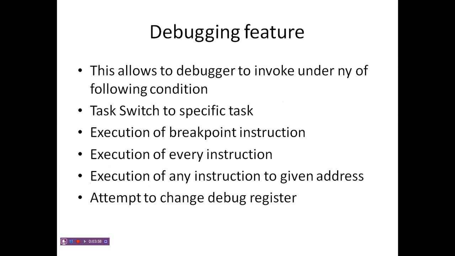The debugger can be invoked under any of the following conditions: first, task switch to a specific task; second, execution of the breakpoint instruction; third, execution of every instruction; fourth, execution of any instruction at a given address; and fifth, attempt to change the debug register.